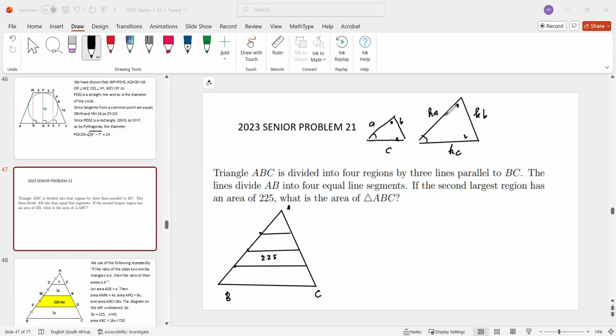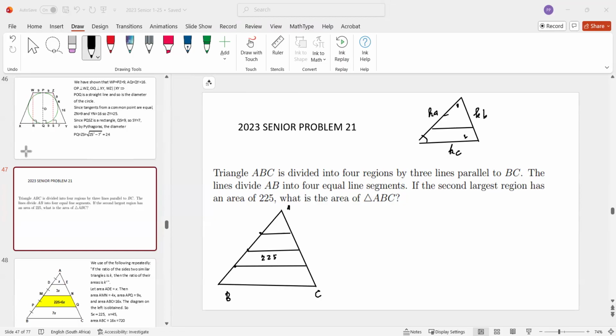But with parallel lines, this thing becomes quite clear. With parallel lines, you've got 2 triangles which are created, a small triangle and a big triangle. And so if I take any line parallel, then you can see the small triangle is similar to the big triangle.